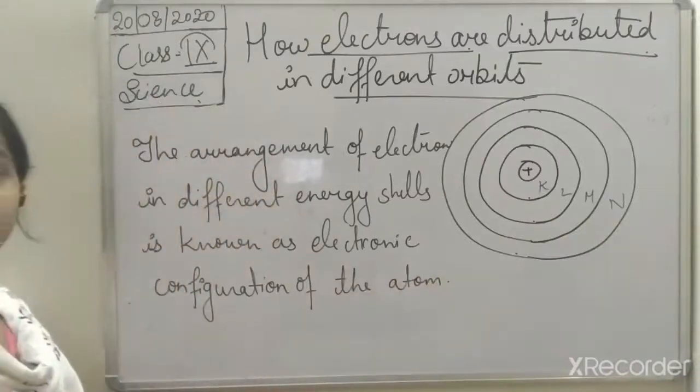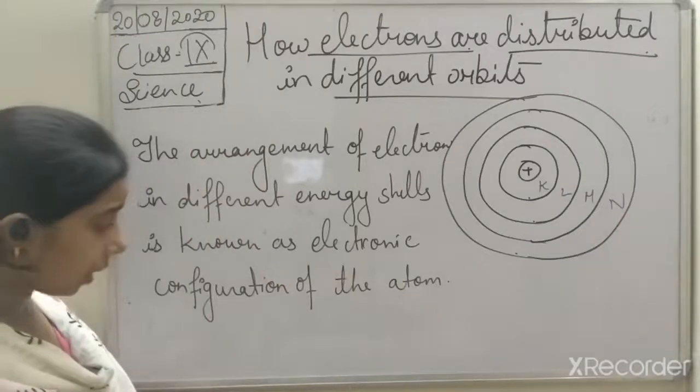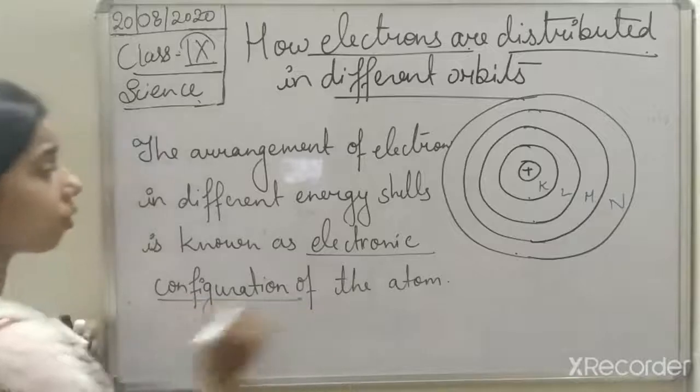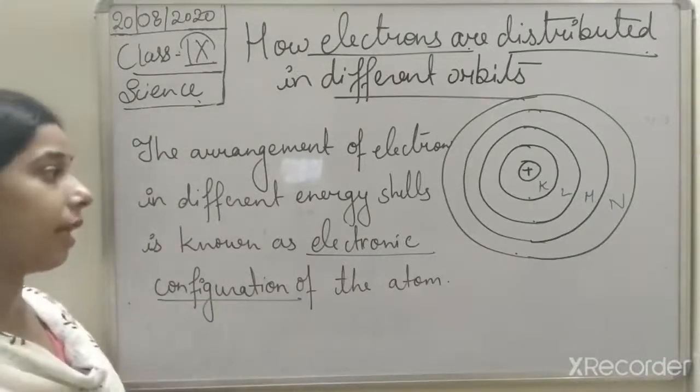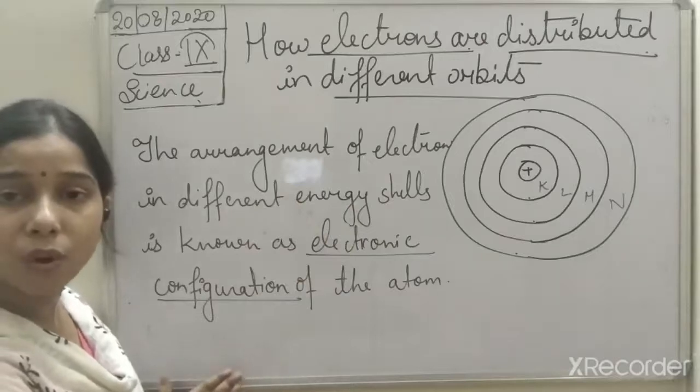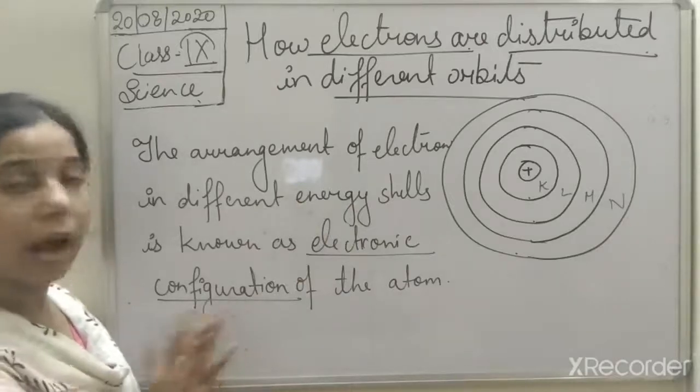So what is the electronic configuration of the atom, students? That is the distribution of the electrons or arrangement of the electrons in the different energy shells.